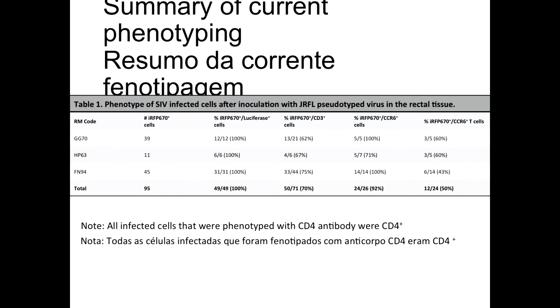And so this work is ongoing, but really it looks like, again, the main target is T cells. More than half of them are T cells. And so far in the rectal compartment, the skewing towards the Th17 is even greater than in the female reproductive tract. We're pretty close to 100% right now. So that work is ongoing.